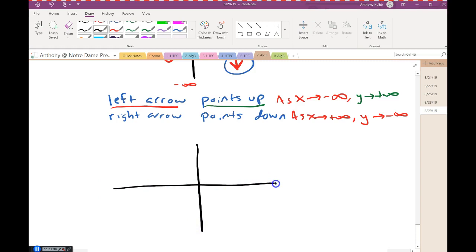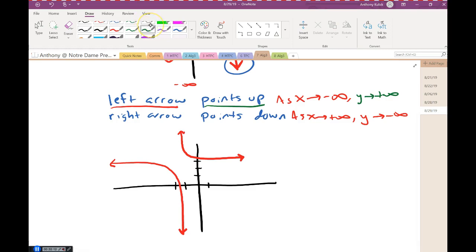So let's look at one more. So this one has 4 arrows, right?